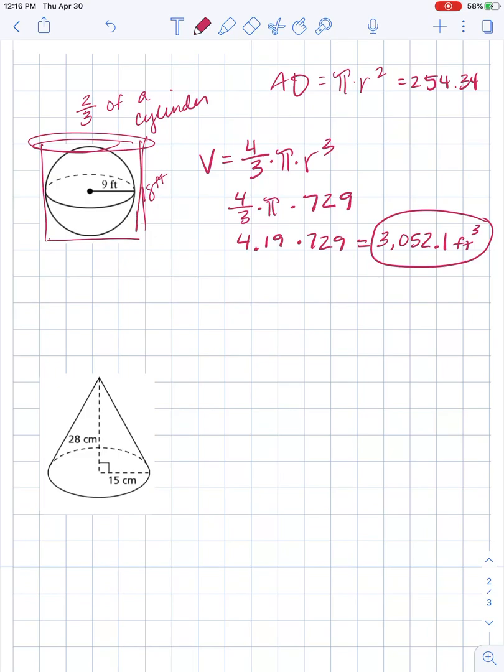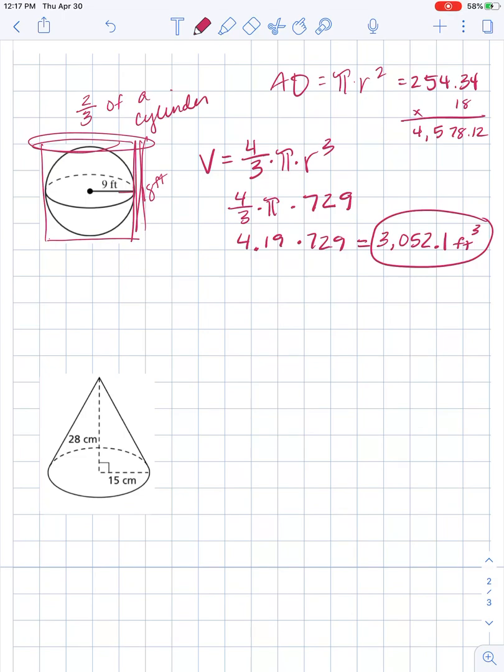The height of this cylinder is 18 feet, because it is going to be that radius twice. So 254.34 times 18 equals 4,578.12.